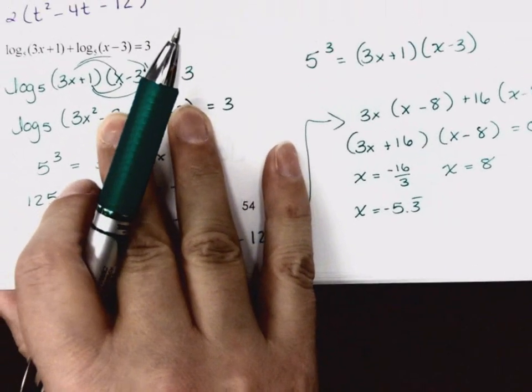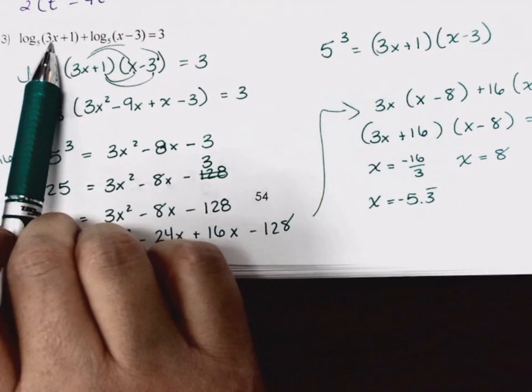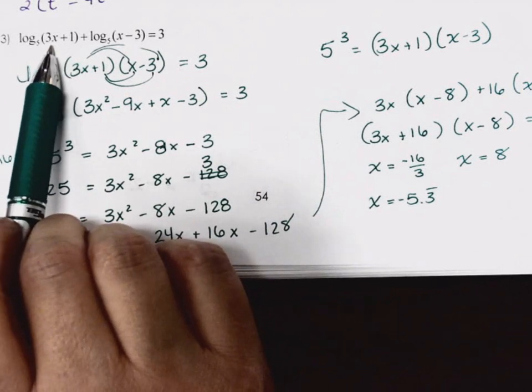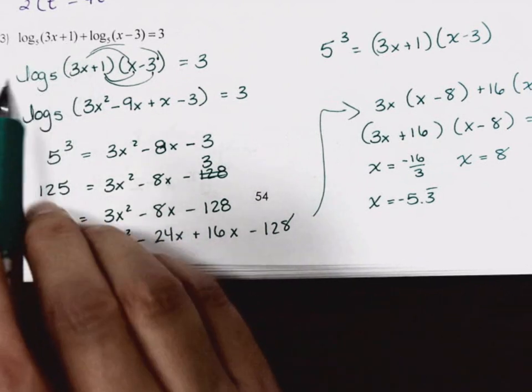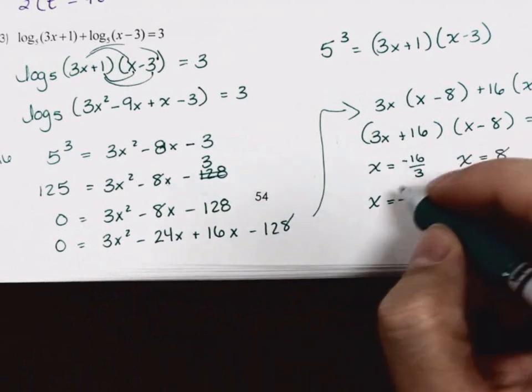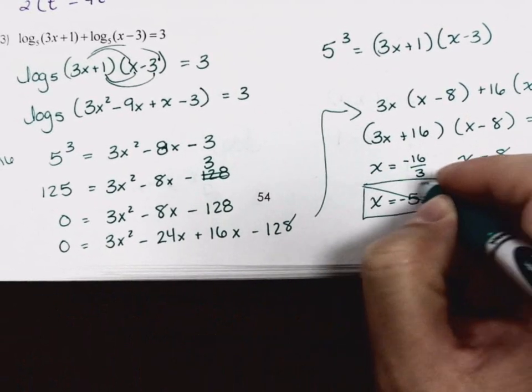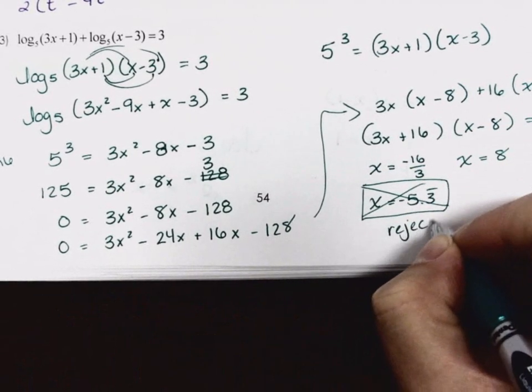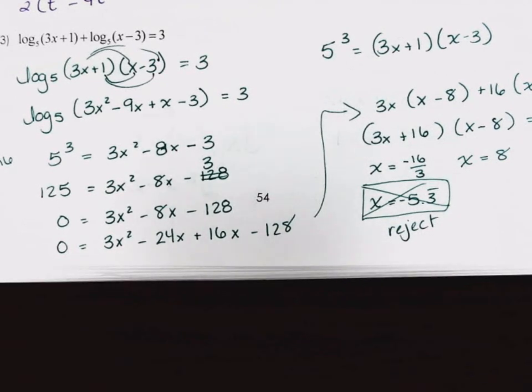When I multiply negative 5.3 by 3, that's about negative 15, and negative 15 plus 1 is negative, so I'm done. If I put 8 in there, am I good? You may get two positive answers and both may work, but you'll probably only get one answer that works.